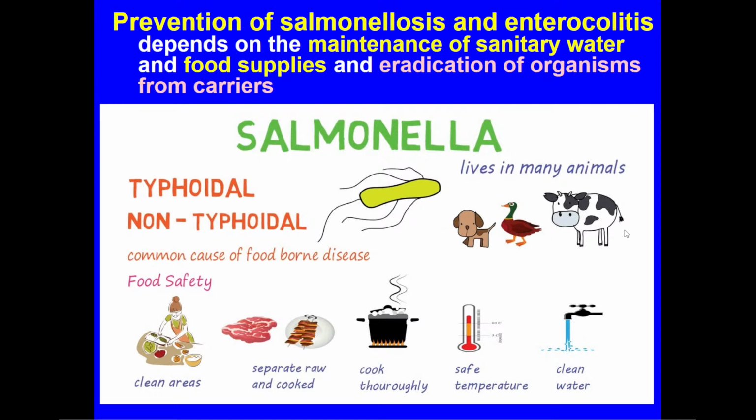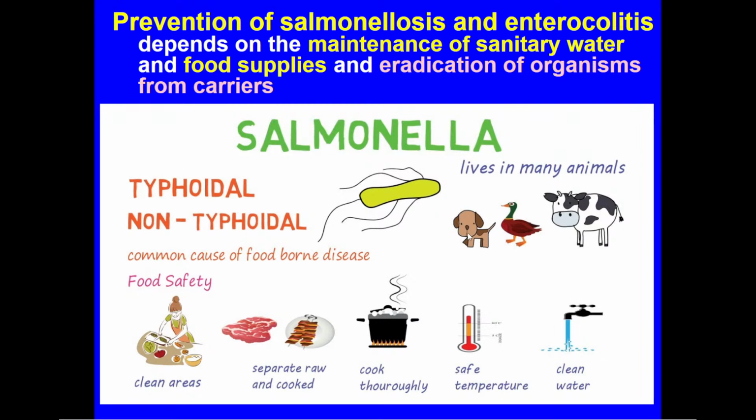But those that live in animals may contaminate meat or poultry meat, and they usually live in animals. These are non-typhoidal bacilli. They can be transmitted to a new host by directly carrying by the meat.